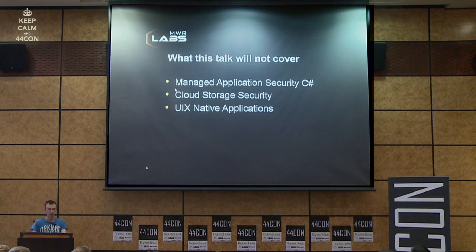Because this is a brand new research area, there's been no previous presentations on Windows Phone 7, so I hope to have quite a wide coverage of the security, but I'm not going to go very deep in a certain number of areas. So I won't be touching on managed application security, cloud storage, or native applications. I hope to cover those in further research.